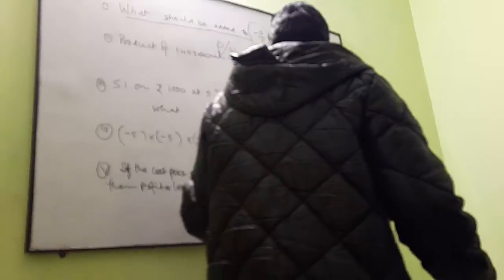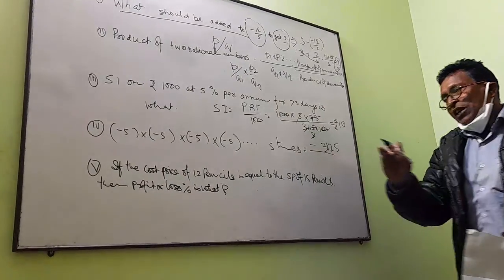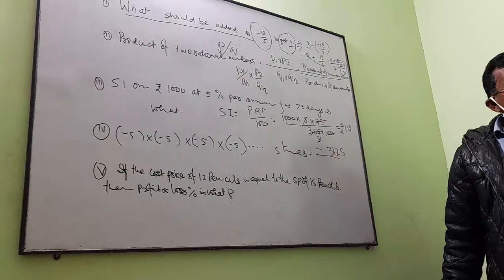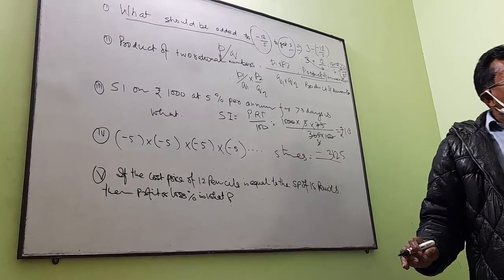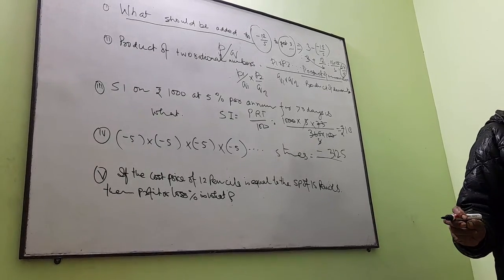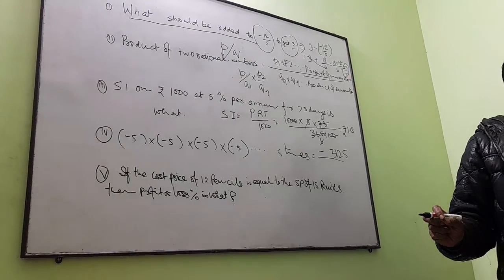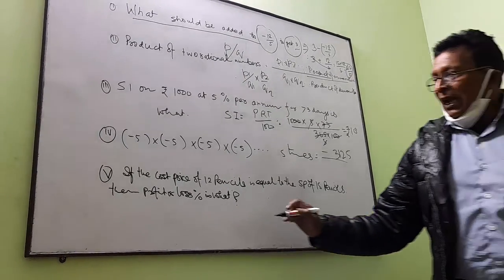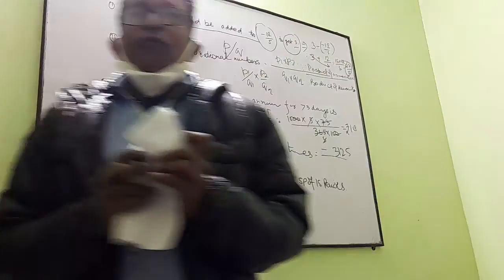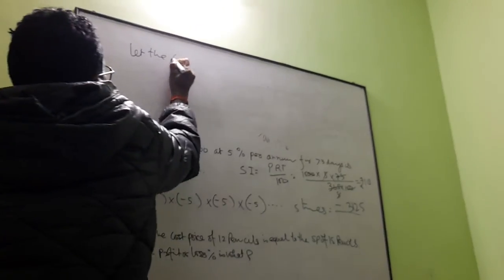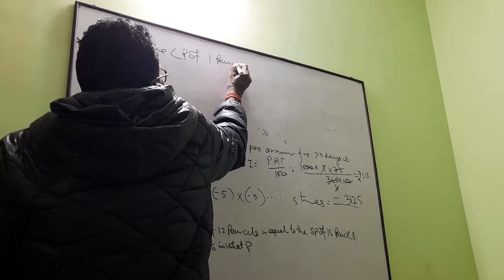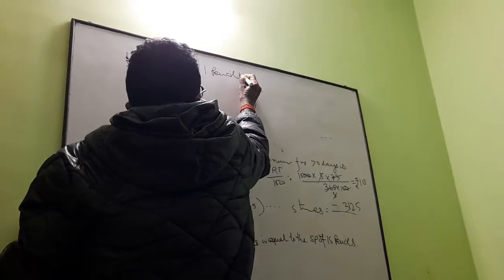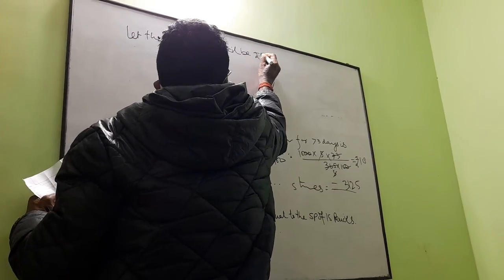Next, if the cost price of 12 pencils is equal to the SP of 15 pencils, find the profit or loss percent. So, how will you solve it? In this type of sum, you will have to assume: let the CP of one pencil be rupees 1.